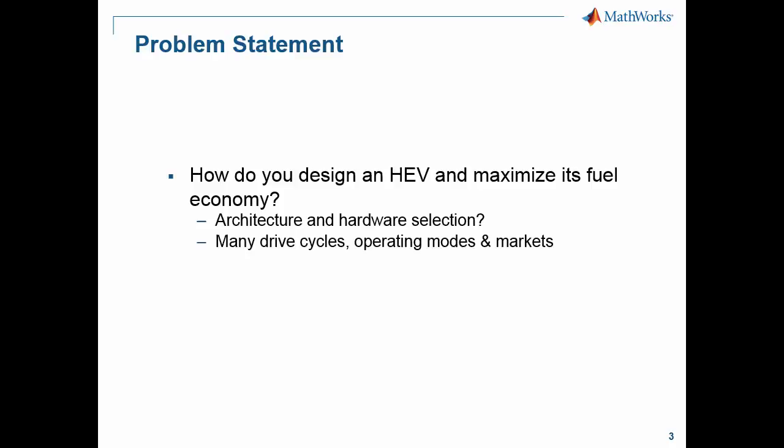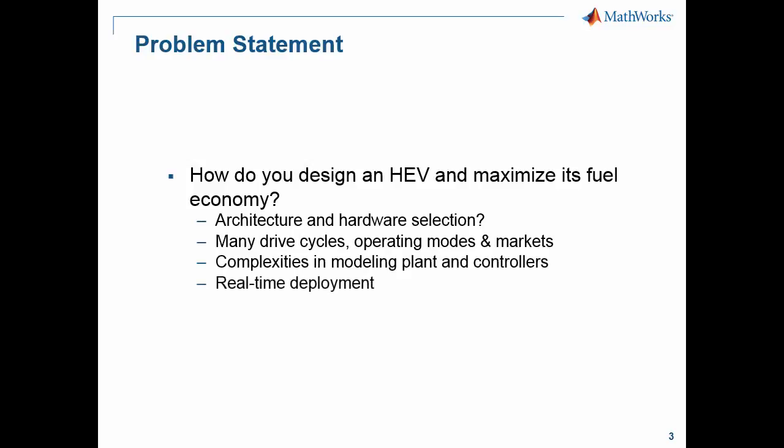You have to account for many drive cycles, operating modes, and markets. There are complexities in modeling plant and controller systems. You have to be concerned with real-time deployment for hardware in loop or target ECUs. And you have to optimize the performance of your system. Hopefully, during today's presentation, we will give you a process or workflow for your own HEV development and optimization.